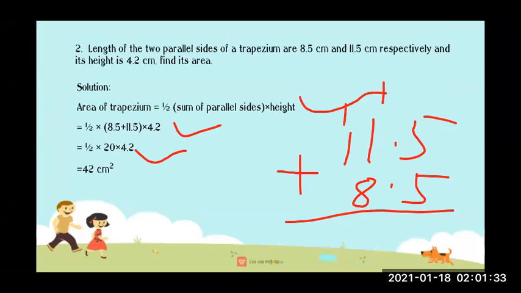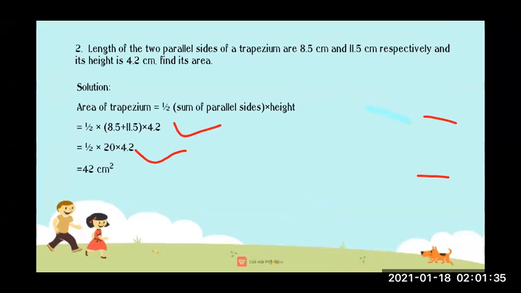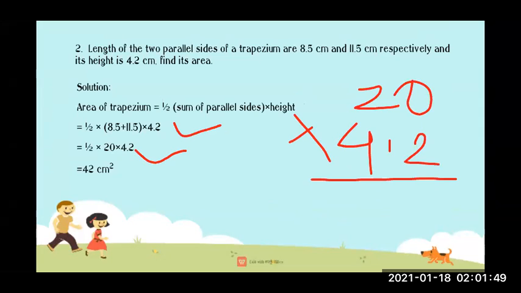Now if we multiply 20 by 4.2, you will get the answer. Now you can see 20 multiplied by 4.2. 2 zeros are 0, 2 twos are 4, 0 you have to carry, 4 zeros are 0 and 4 twos are 8.